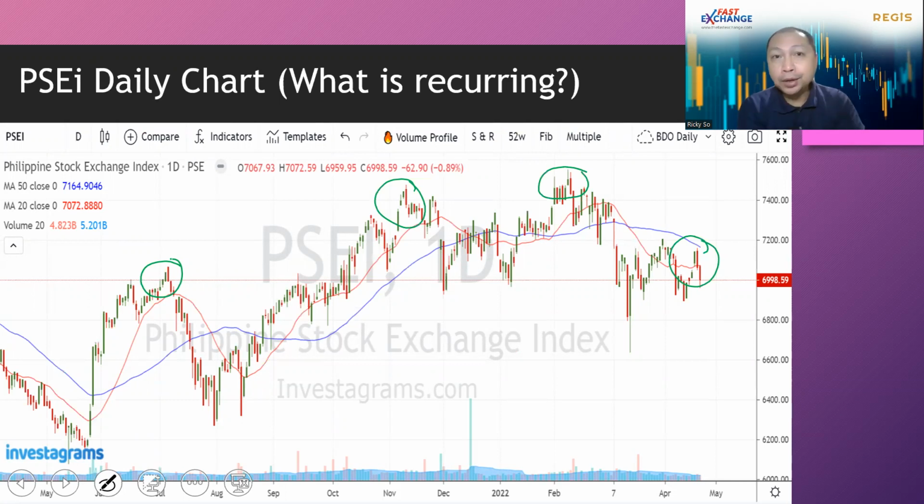Looking at it in hindsight, it is very clear that the market really went down after hitting the top. What is surprisingly noticeable is that the tops of the market look ominous. It's quite similar looking at the highs in November, the highs in February, and the highs last week.